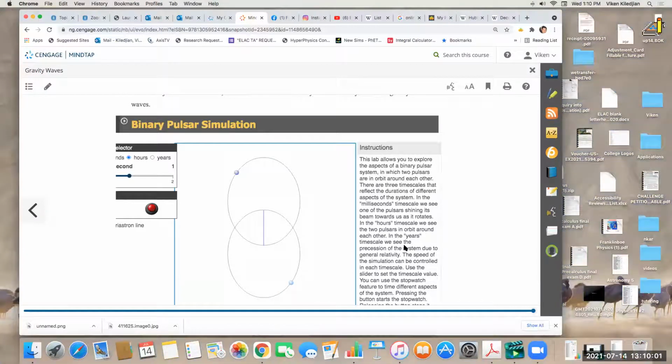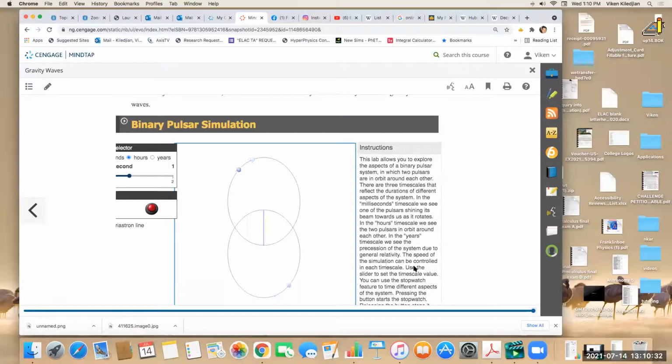In the years timescale, we see the precession of the system due to general relativity. Beautiful. So depending on which time scale we click, we're seeing different events. In the millisecond time scale, one of the pulsar's beams is shining towards us. In the hour, we're seeing them go around each other. And in the years, we're seeing the precession of the orbit.